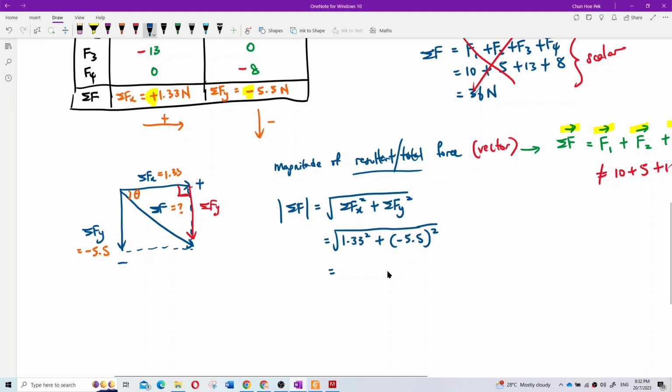5.6... 58. Is it correct? Yes, 5.658? Is it correct, 5.658?